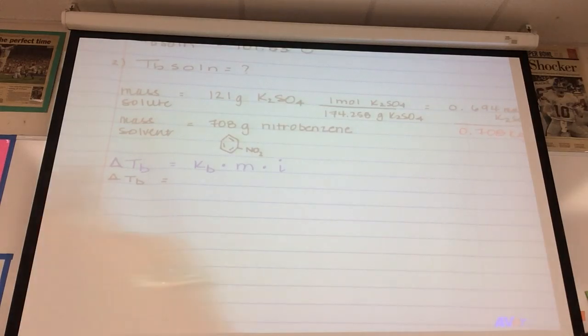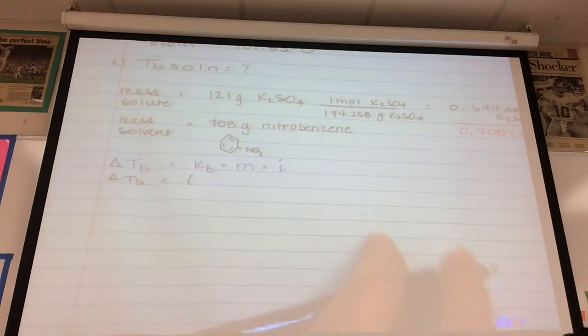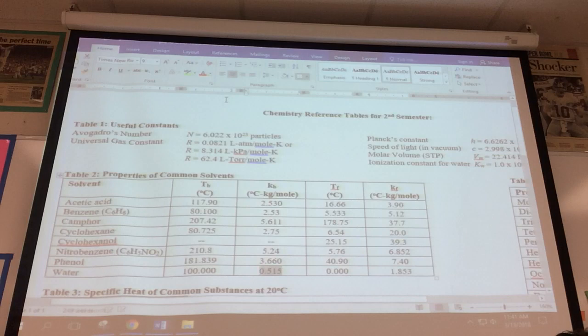Alrighty. What's KB? Where do we even find that? Table 2. Table 2 back. So what's our solvent? Nitrobenzene, right?